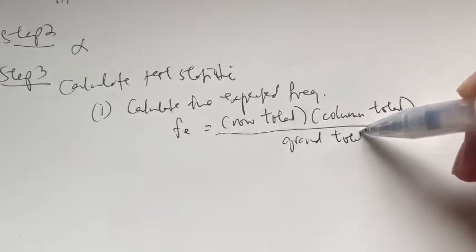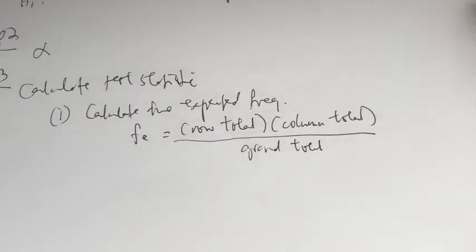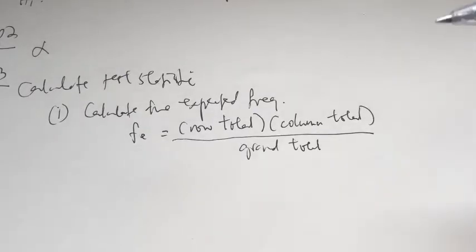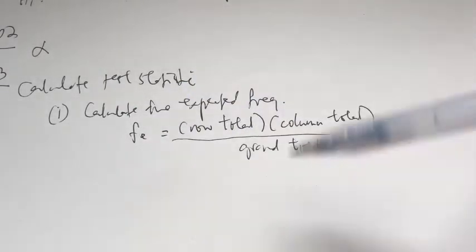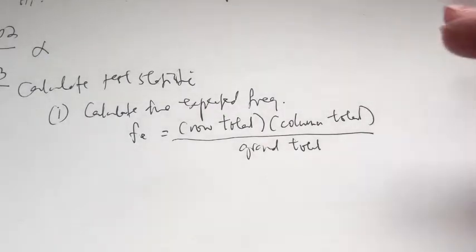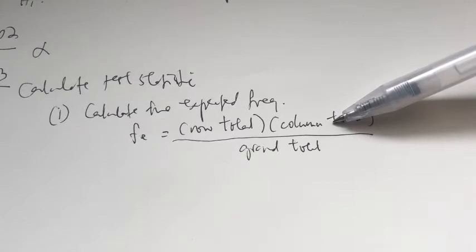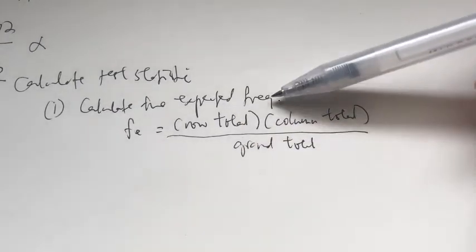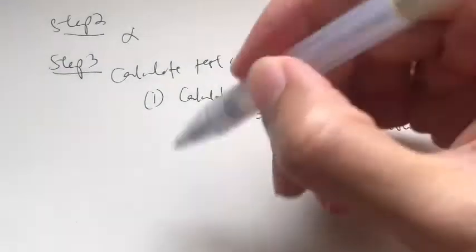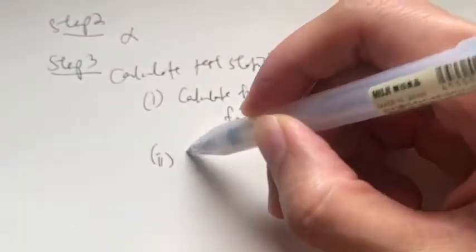So what are we talking about here? There's a reason why this test of association is called the contingency table analysis, because all the information is put in a table. As you know, in a table there are rows and columns, right? I'll show you later when we do the example how to get these expected frequencies. Once you've calculated all of our expected frequencies, then we can calculate the test statistic.